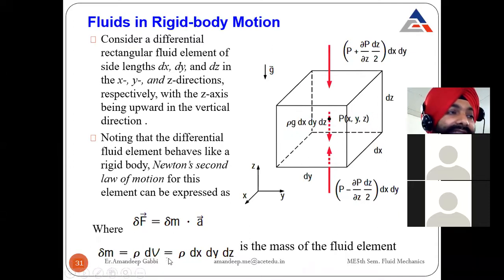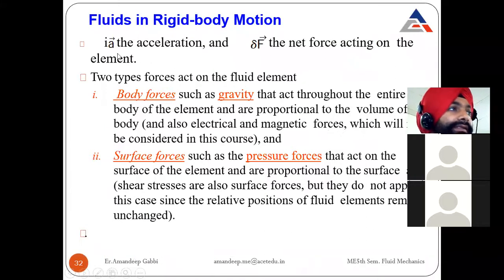Rho is density, dV is volume, and volume can be calculated by multiplying dx into dy into dz. Multiplying all these factors will result in the volume of this particular cuboid. Now a is the acceleration and delta F the net force acting on it. a is the acceleration of this particular fluid element.